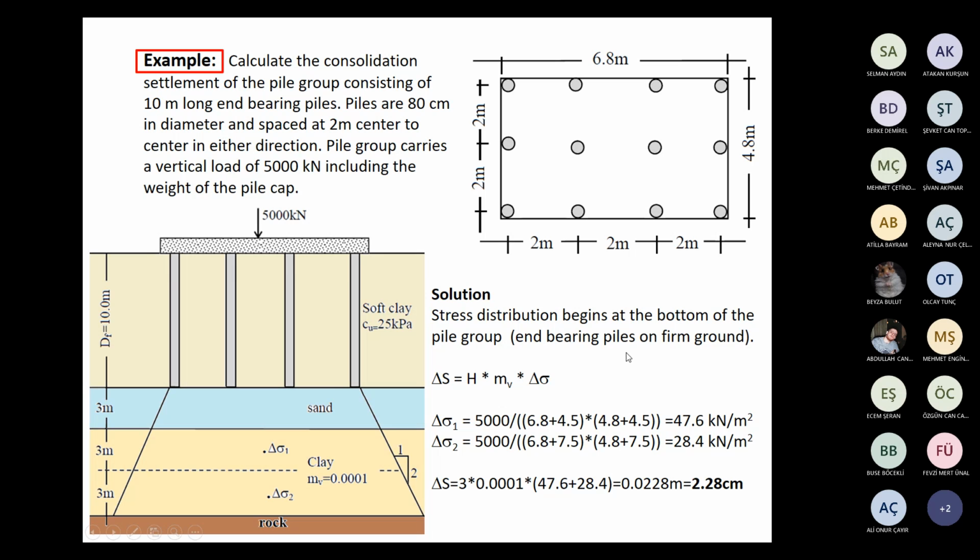Let us put into this equation. MV is given, thickness of every layer is equal, and this 2 equals to 3.